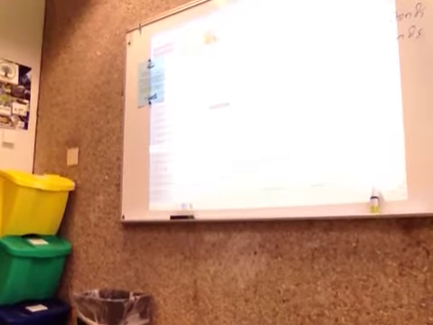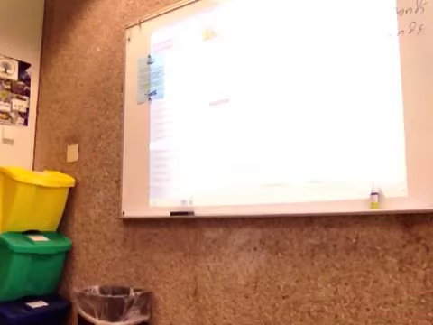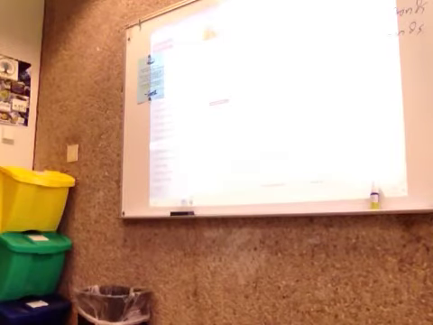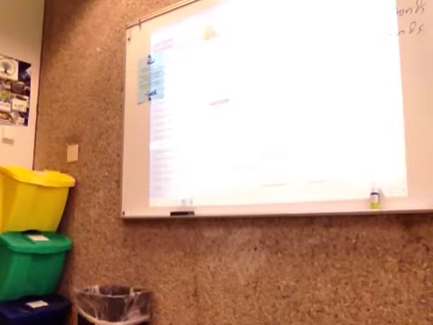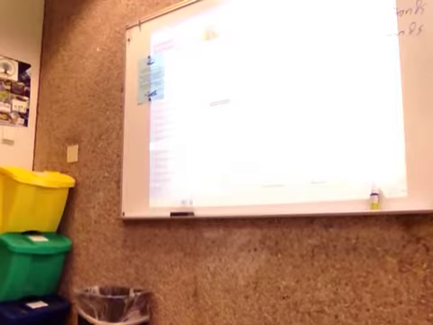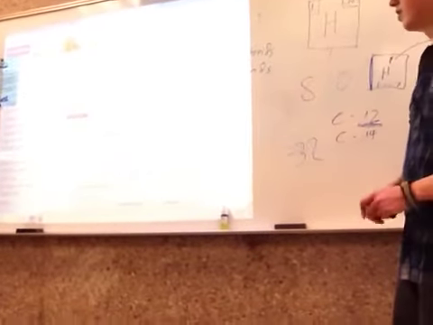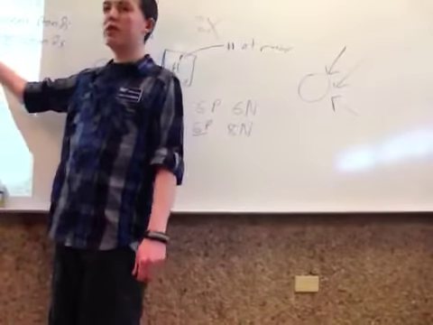Let me see if there's a chart. The only other bonds that are kind of important, do you guys talk about hydrogen bonds at all? No, hydrogen bonds. Okay, let's just do covalent and ionic though. So what's a covalent bond?